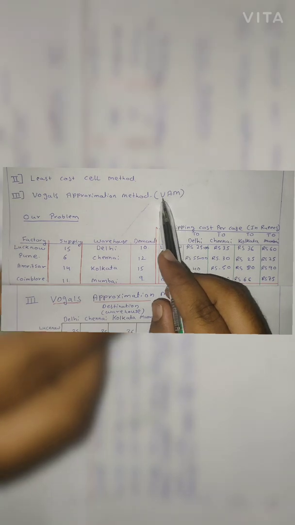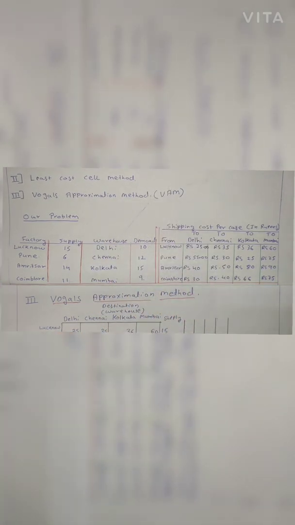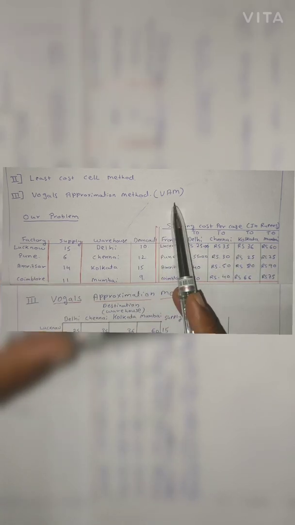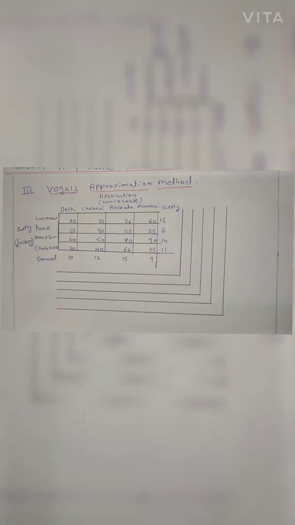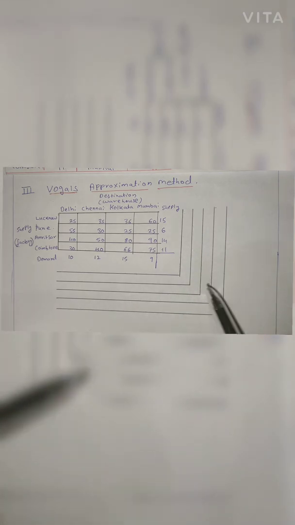The next method of the transportation model which we are solving is Vogel's approximation method. It is also called VAM, Vogel's approximation method. The same problem we are solving with the VAM method. Let's start the problem. In Vogel's approximation method, you need these extra lines, an extra matrix.